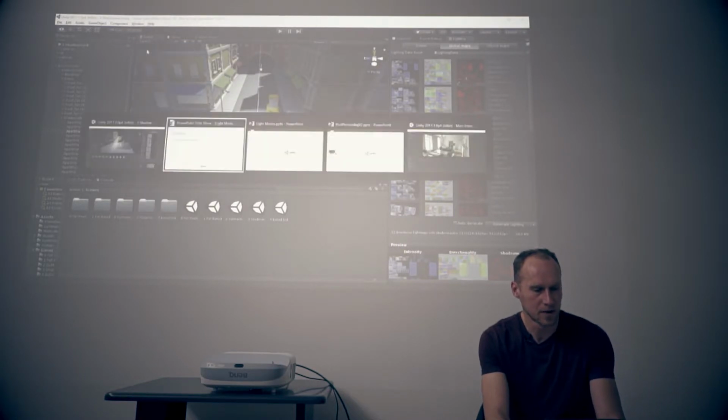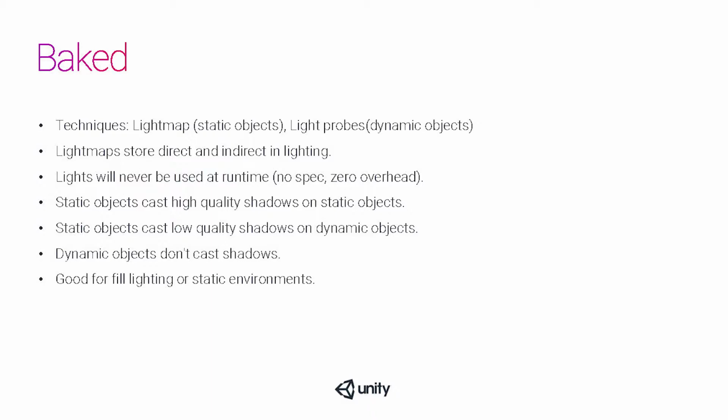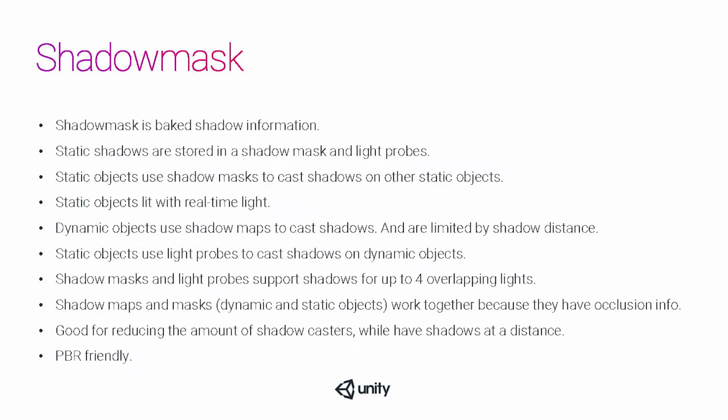I'm going to pop up the slides for a moment. Hopefully PowerPoint doesn't crash again. Just to summarize: baked is the most efficient, but you don't get the shadows. Subtractive, I looked at already. I forgot to mention it only works in forward rendering mode and gamma, so it doesn't work in linear and deferred, and it only supports one light.